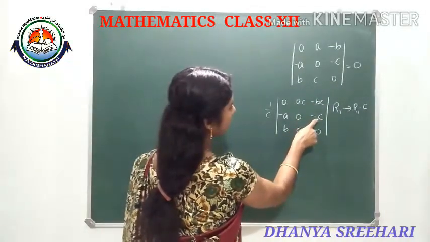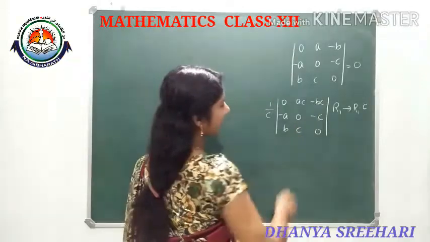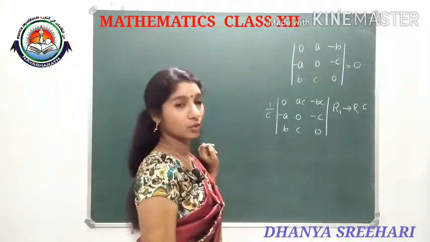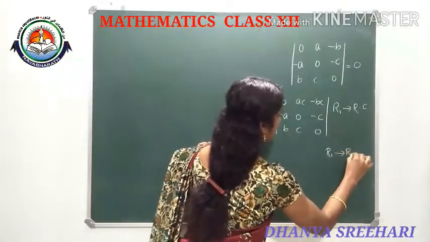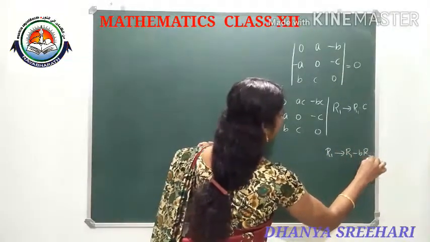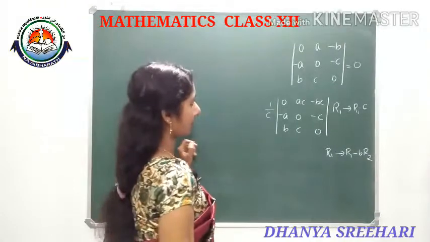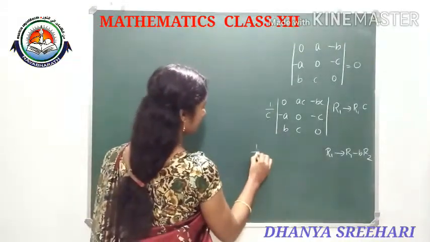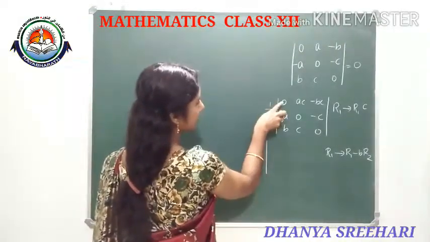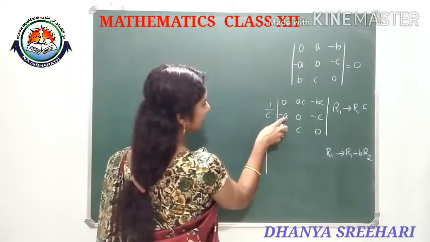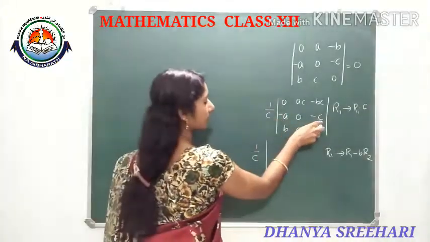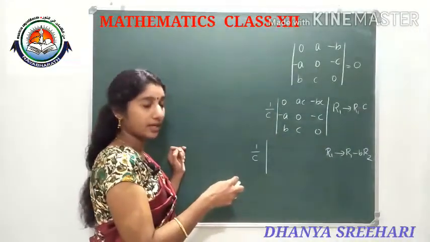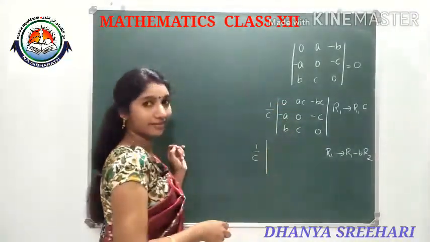So minus BC is there. If you multiply this one with B and subtract, you will get 0. So what we can do, R1 changes to R1 minus B R2. R1 is going to change again. 0 minus A into B. So second row we are multiplying by B and from the first row we are subtracting the second row.